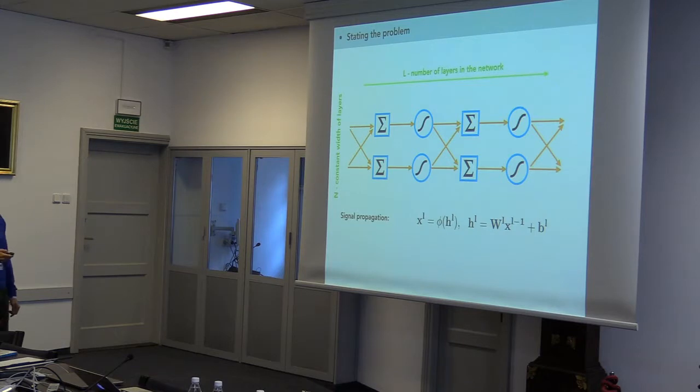So let me be a little bit more precise. Now this is how my signal in the network will propagate along the layers L. The layers will consist of n neurons and n will be large, and there will be L number of layers here, and L also will be very big.